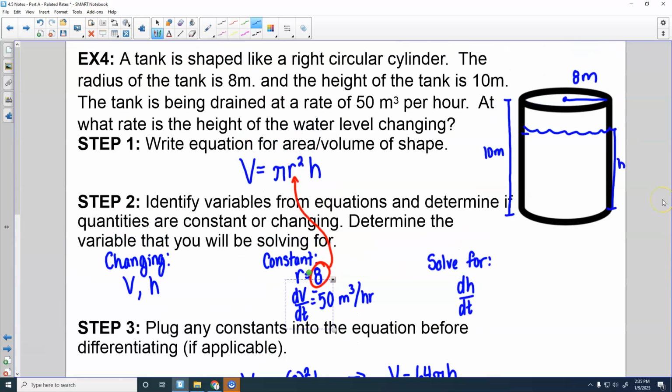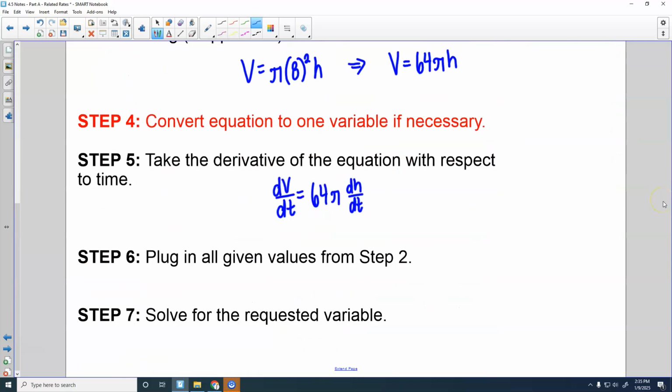So we just need to plug in that 50 for our dv/dt. So we got 50 is dv/dt. We got 60 for, oh, I'm sorry, yes, negative 50. dh/dt. And we will divide both sides by 64 pi.